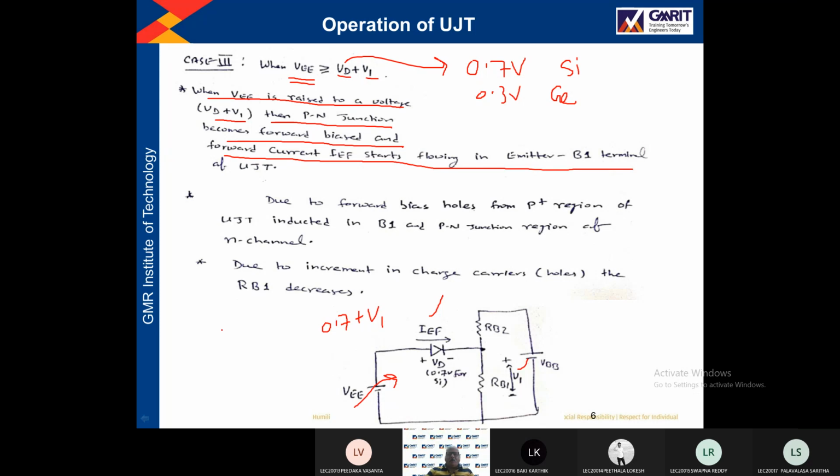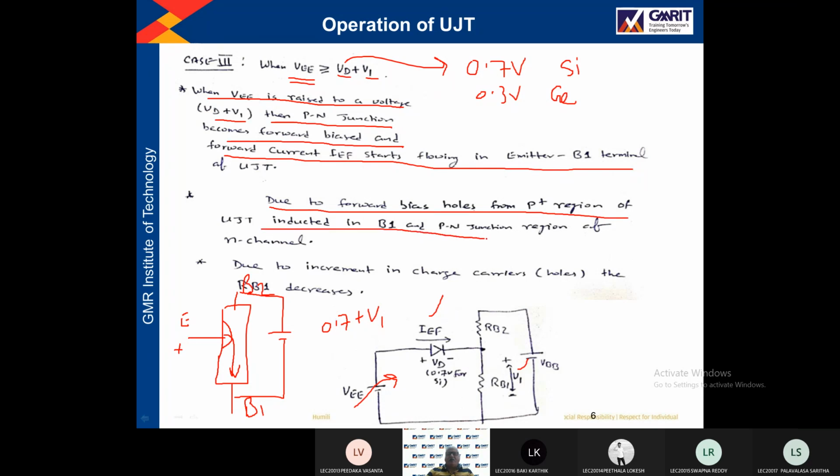So with this, what will happen? See, this is the B1 terminal. This is your emitter terminal, and this is B2, right? This is now positive voltage. Now currents will start flowing in this emitter and B1 terminal. Due to forward bias, holes from the P region of the UJT are injected into the B1 region of the PN junction.